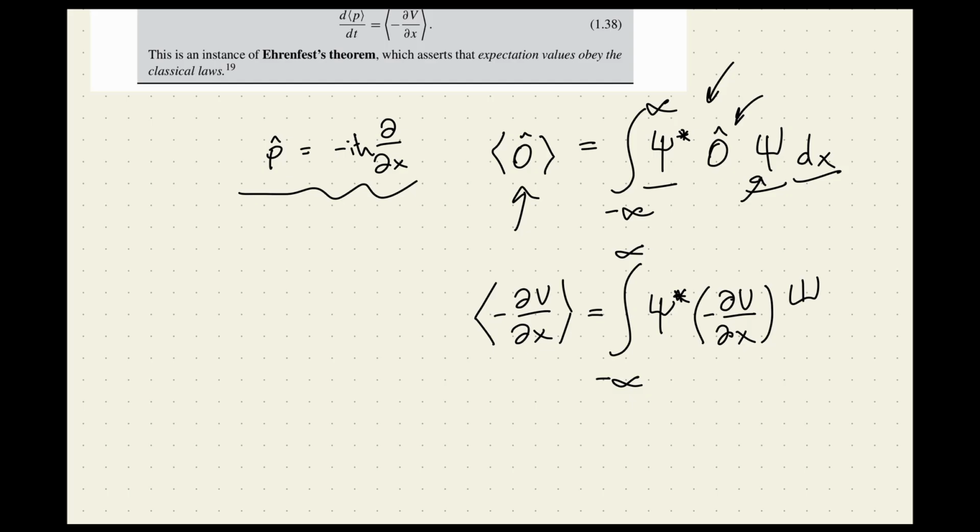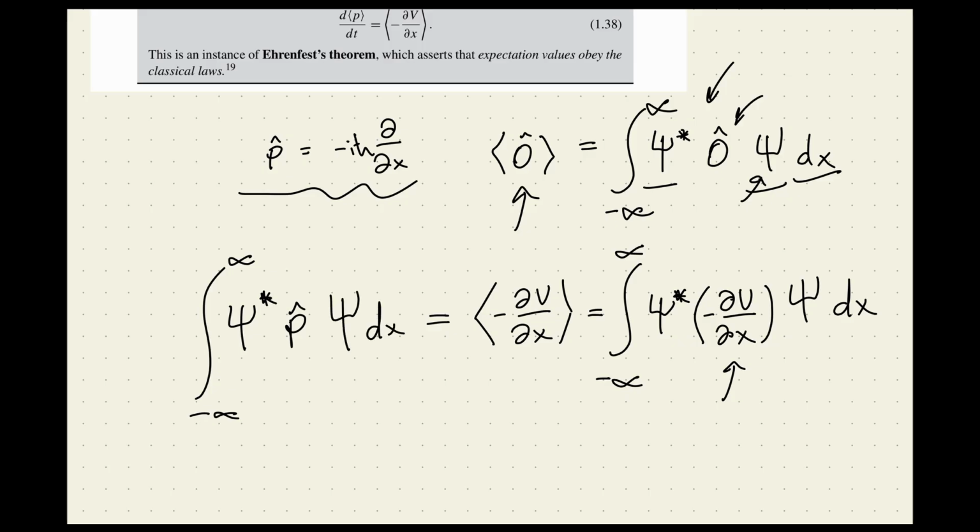And then, boom, dx. All right. How do you actually compute this? Maybe it's a bit complicated. We don't know. So we have to figure out how to compute this integral right here with the momentum operator and manipulate it a bit.